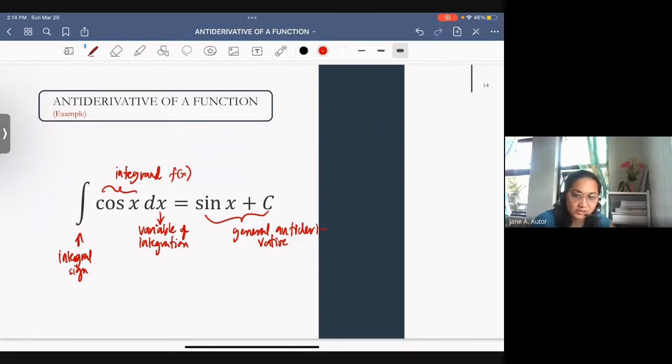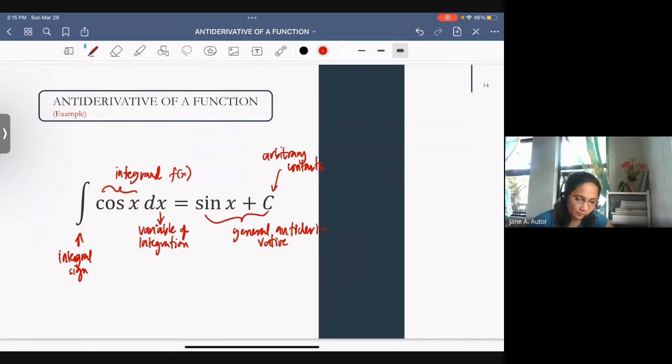And also, don't forget our arbitrary constant. Okay? So, we have these parts of our antiderivative of a function. Don't forget, because each of these notations plays a vital role in this process of antidifferentiation.